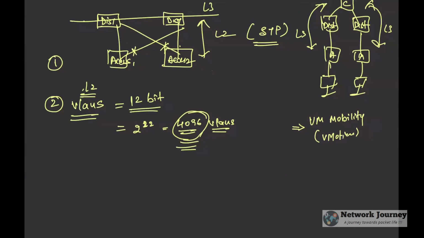So for VM mobility, you need a common layer 2 domain, because when a VM moves from one place to another, its IP is not going to change, and its subnet is not going to change. Then there are some database clusters which need an L2 domain again.